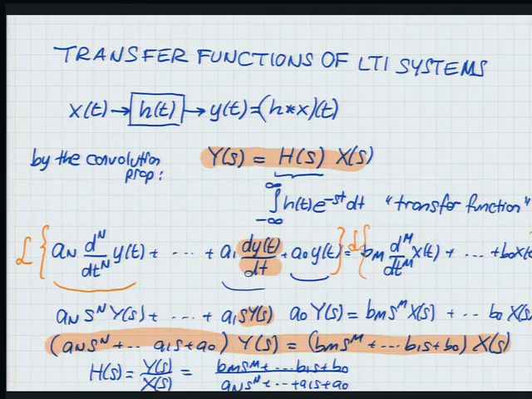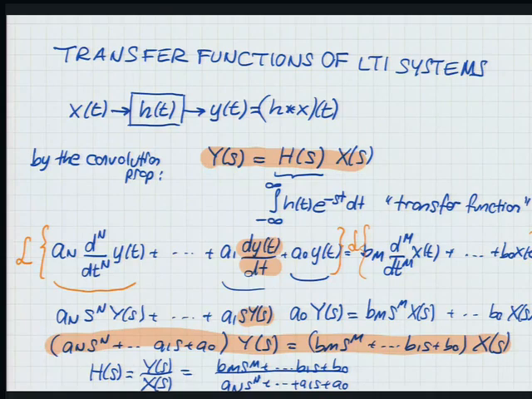Very simple. You don't need to do this derivation every time. You just observe the pattern here. You take the coefficients of the differential equation and make them coefficients of the polynomials. You have a numerator polynomial that comes from the right-hand side of the differential equation involving the input. And you have a denominator that comes from the left-hand side involving the output, right?